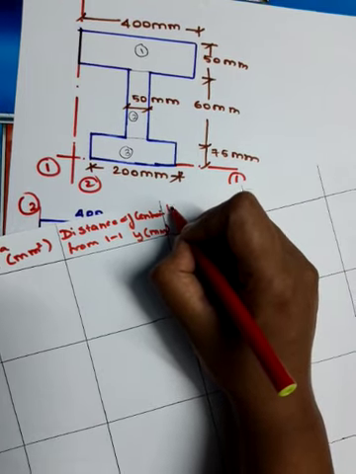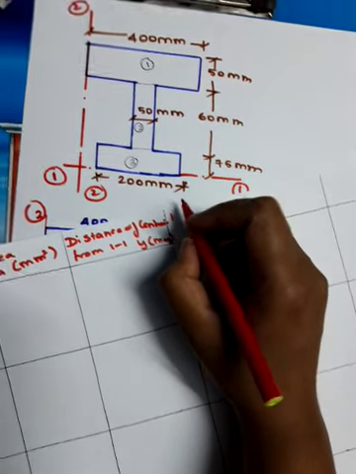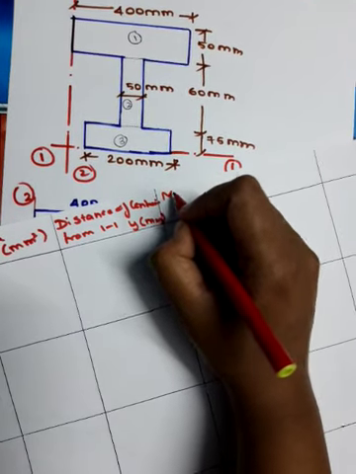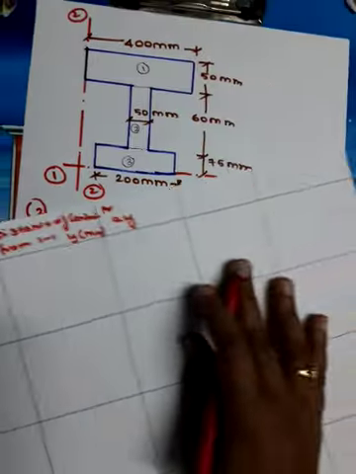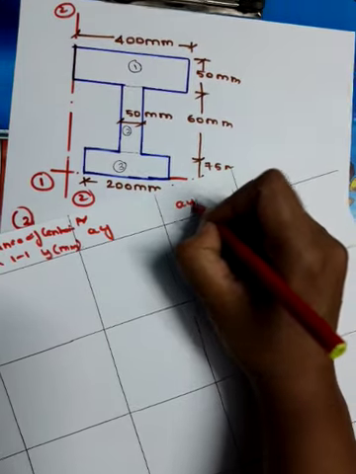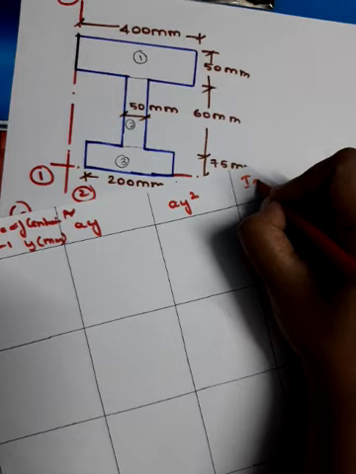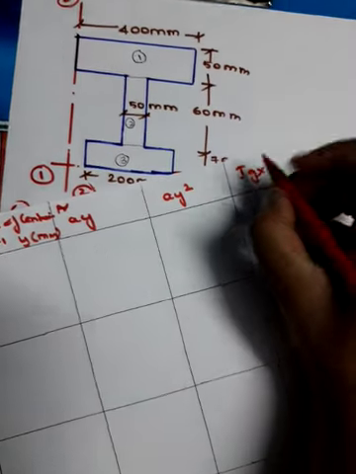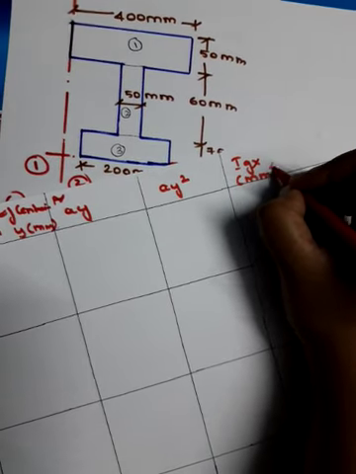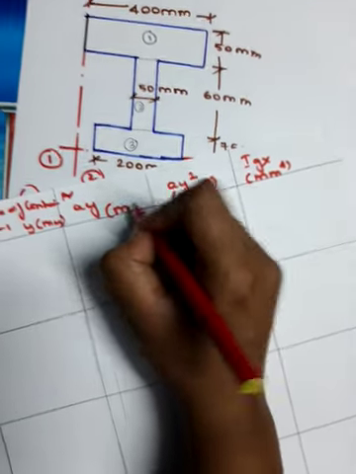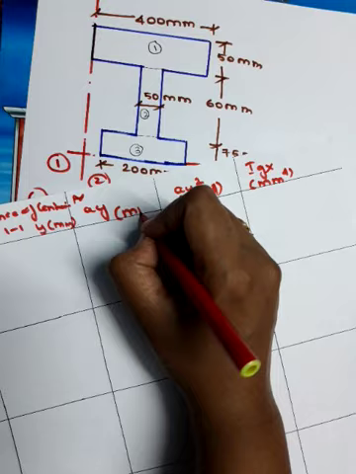Then I'll calculate the moment of area, which is nothing but A into y. Then A into y square, and this is the moment of inertia about the centroidal axis. Please write all the units properly.